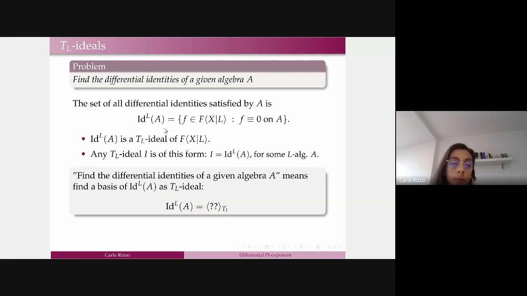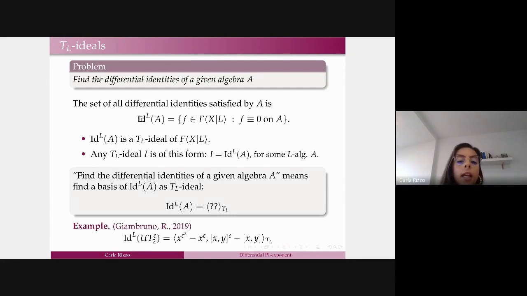Sometimes it's even harder than the ordinary case, sometimes it's easier, and this depends on the action of the Lie algebra. It is really strictly related to the structure of the Lie algebra that is acting. For example, Professor Giambruno and I, in 2019, determined the generators of the T_L-ideal of UT_2 with epsilon, which are actually the two polynomials I showed you before.